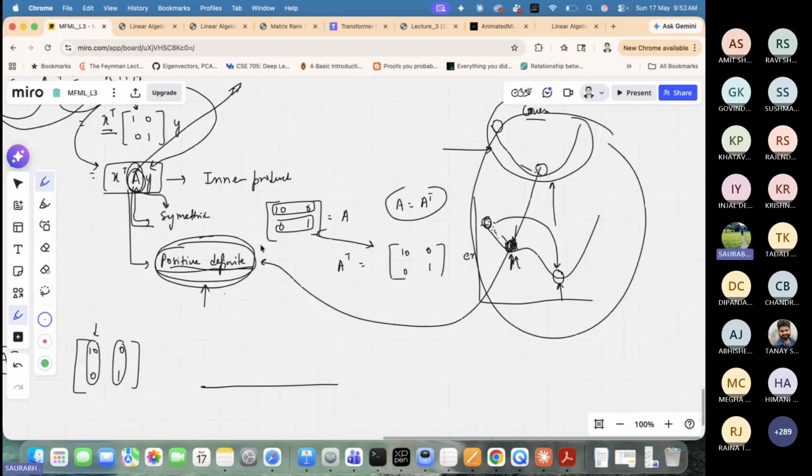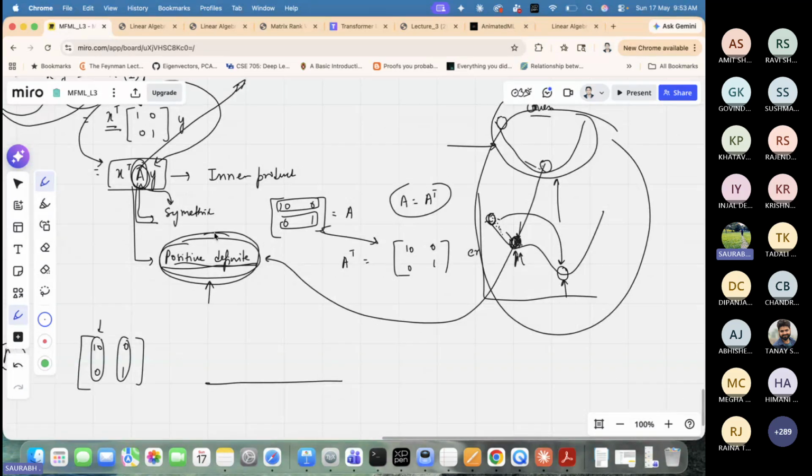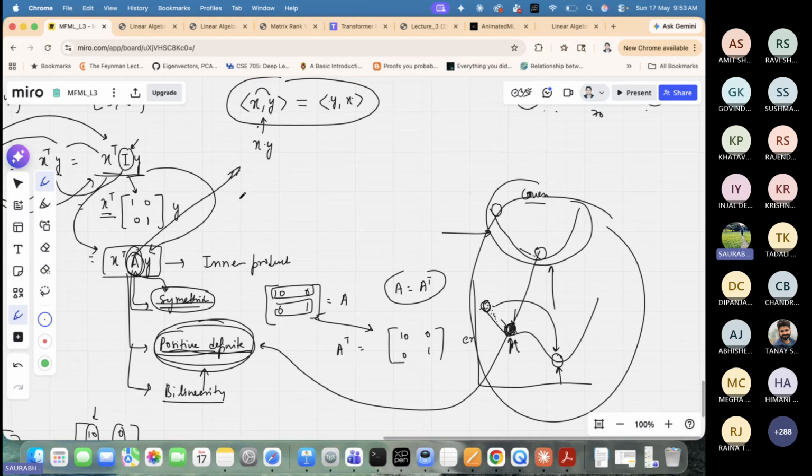Third assumption is it has to be positive definite because there is symmetric, positive definite, and then there is linearity. Now, what we are saying in symmetric is the matrix has to behave properly. Why is it symmetric? Because whether you take the inner product between x and y or y and x, it has to be the same, right?